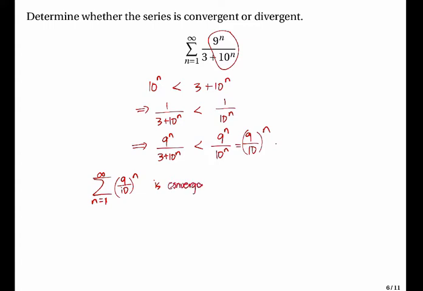This one is convergent because it is a geometric series with common ratio r equals 9 over 10, or in absolute value, this is less than 1.